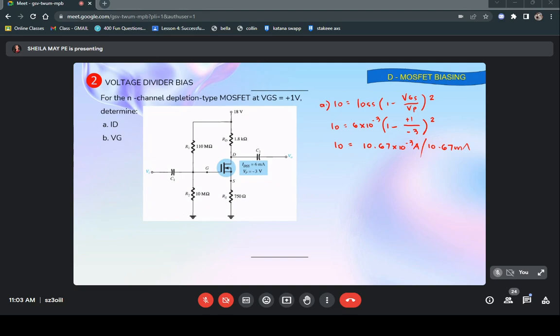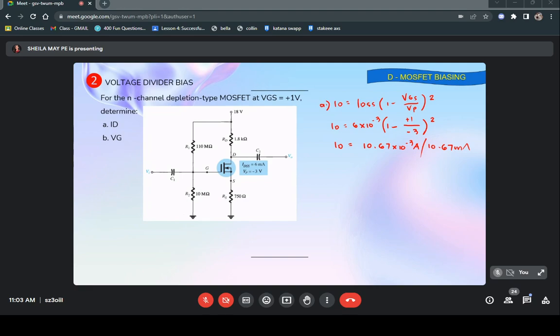Next, we need to find ID. Finding ID for E MOSFET, that's K times VGS minus VGS TH squared. VGS TH and VT are the same. But we still need to find K using ID on and VGS on minus VGS TH.